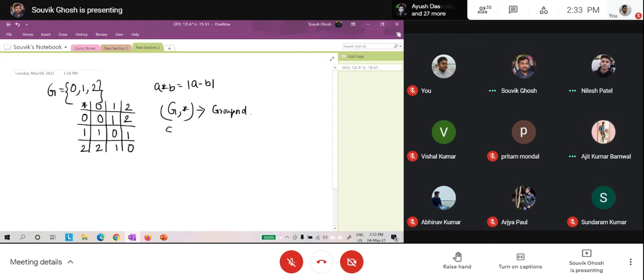The semigroup. To prove it is a semigroup, what do we need to check? Associativity.